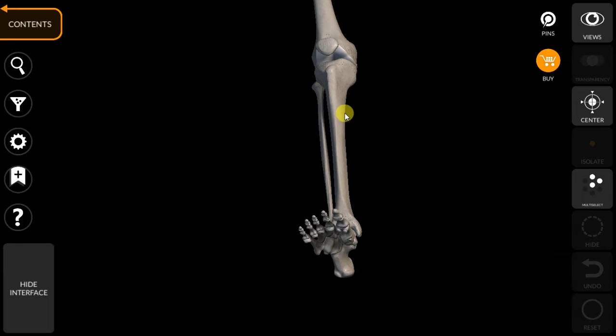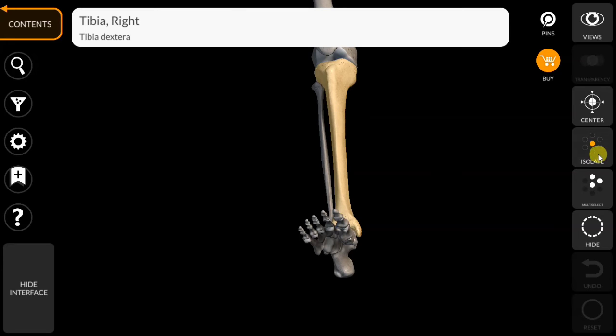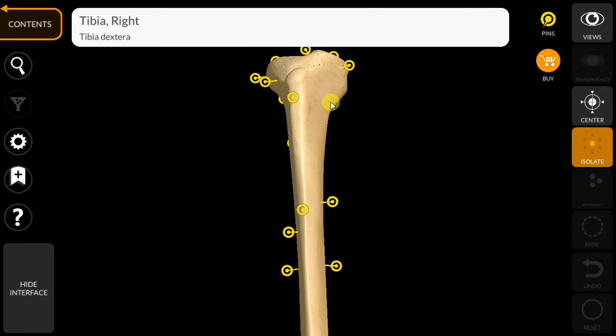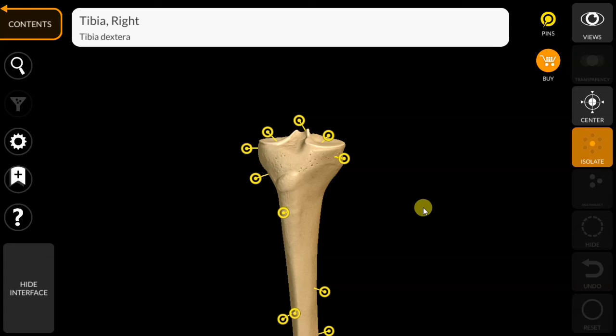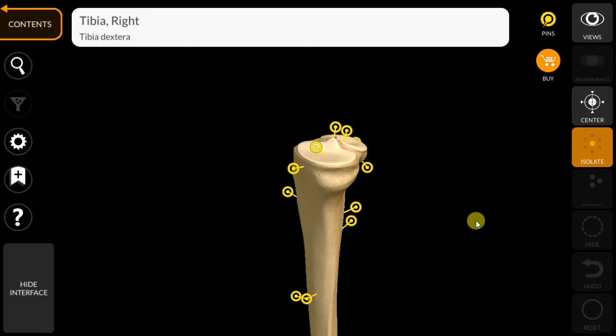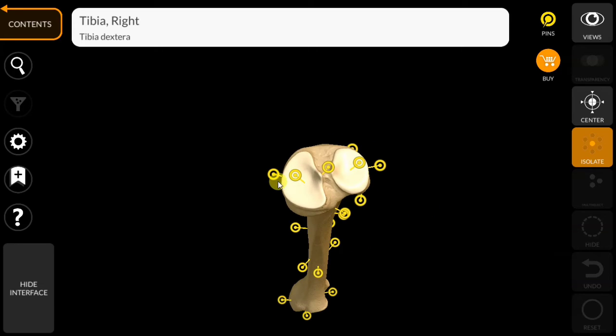Now we'll come to the tibia. The tibia is the bone of the leg, which is present on the medial side of the body.